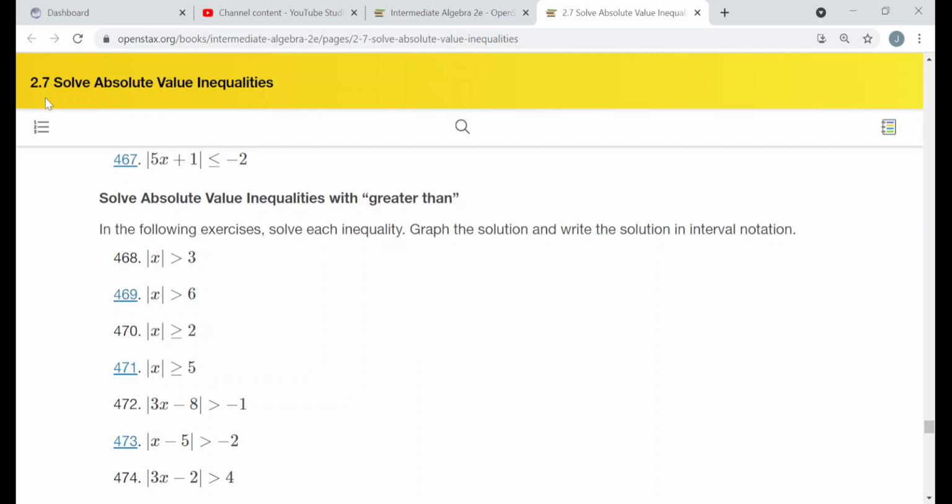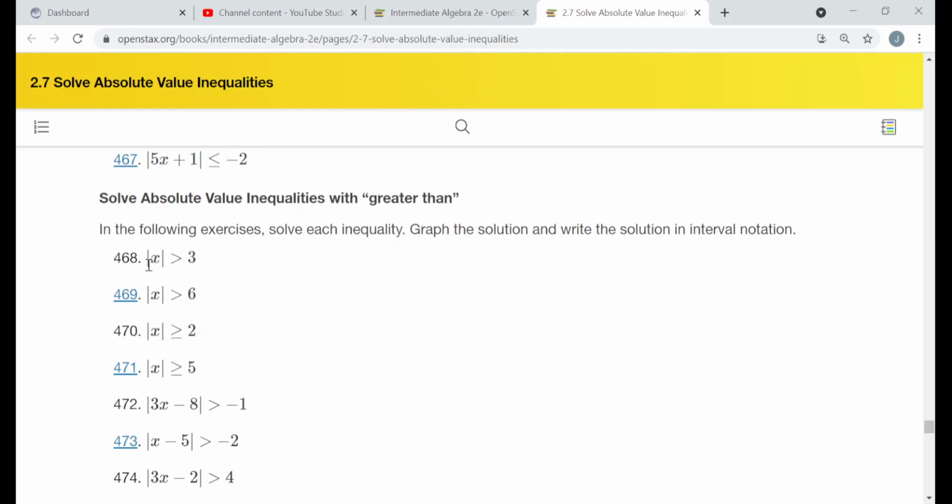And these exercises are taken from that book's section 2.7, Solve Absolute Value Inequalities, and it's the section titled, Solve Absolute Value Inequalities with "greater than" or "is greater than or equal to." And in each exercise, we're asked to solve the inequality, graph the solution on a number line, right, that's understood, and write the solution in interval notation.